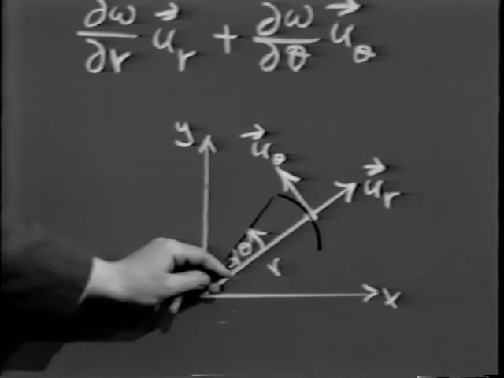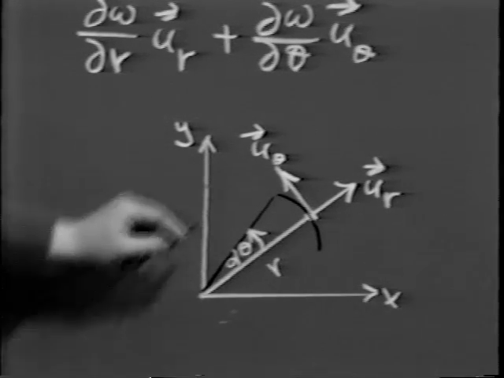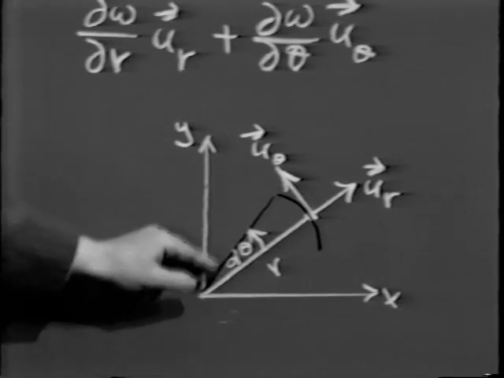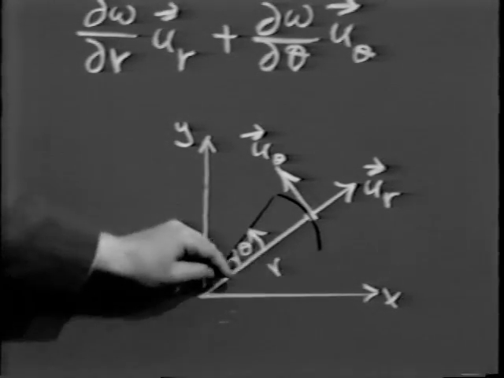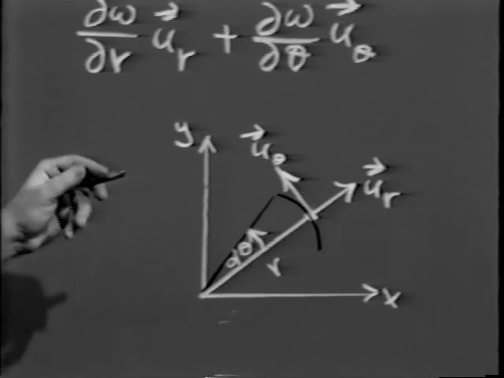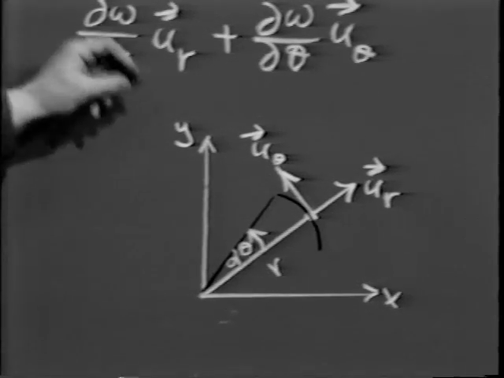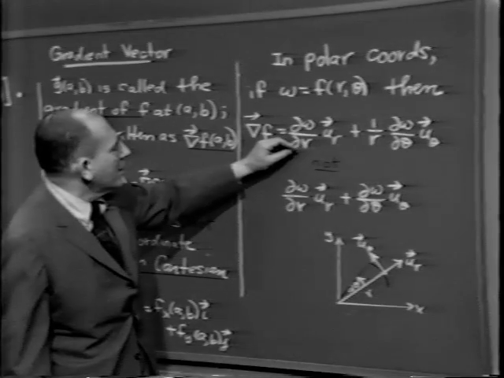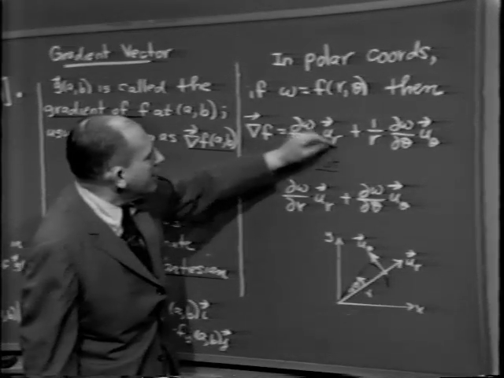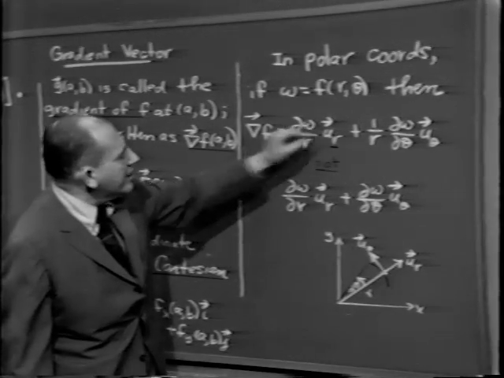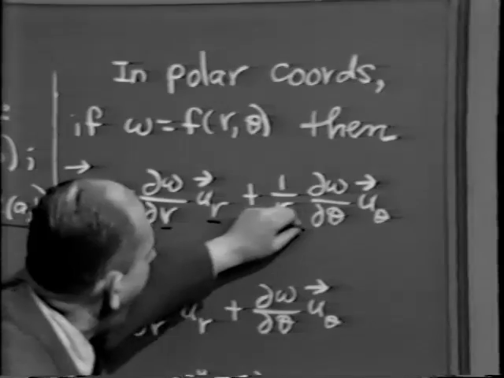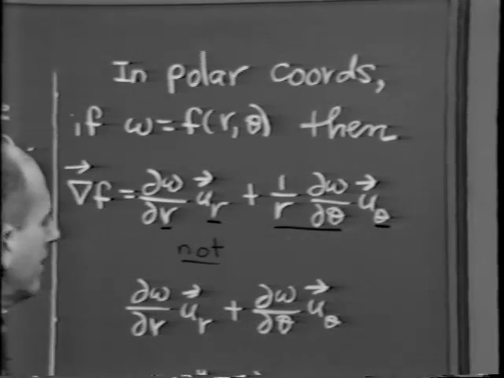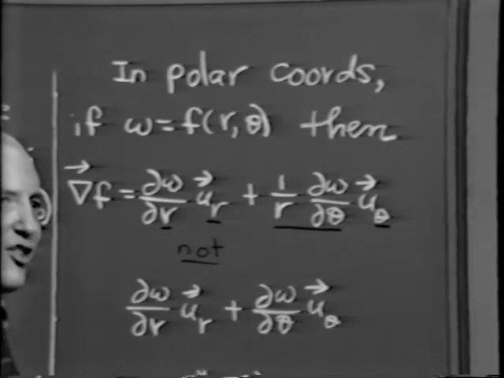If I call this increment d theta, notice that this arc length is r d theta, so the vector in the direction of u sub theta is r d theta, not d theta. I don't know if you noticed that, but coming back up here for a moment, notice that this was okay here because r was in the same direction as u sub r. Notice, however, that it's r d theta, which is in the u sub theta direction.